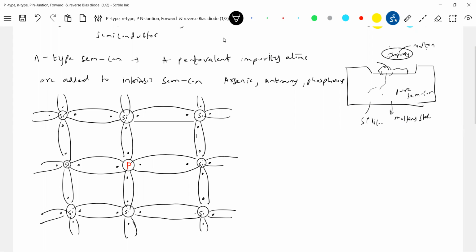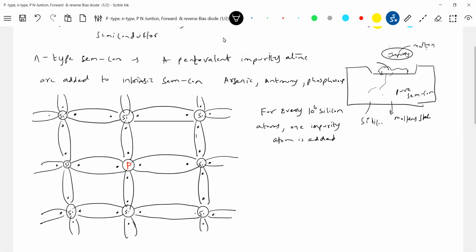For every 10 to the power of 6 semiconductor atoms, one impurity atom will be added. It will go and fit.